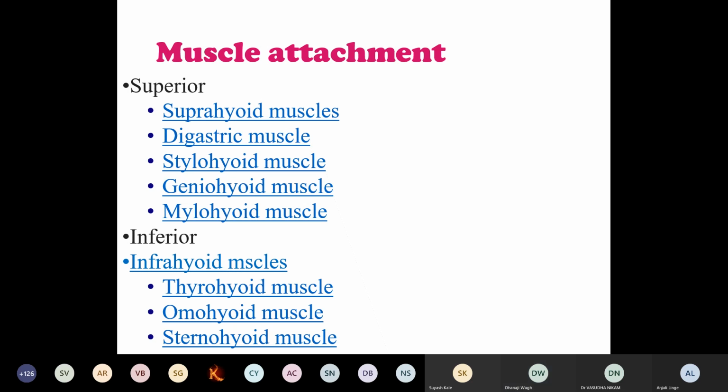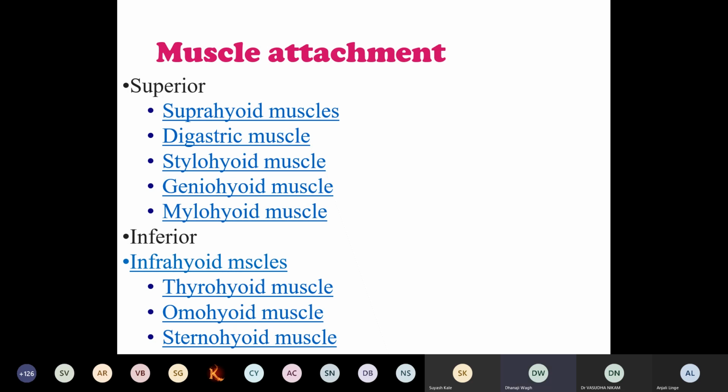The suprahyoid muscles are the digastric, stylohyoid, geniohyoid, and mylohyoid. Below the hyoid bone, the infrahyoid group includes the thyrohyoid, omohyoid, and sternohyoid muscles. We'll see these one by one.